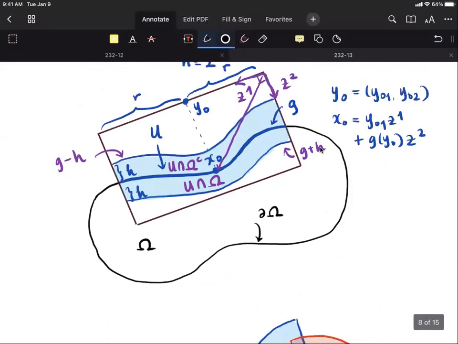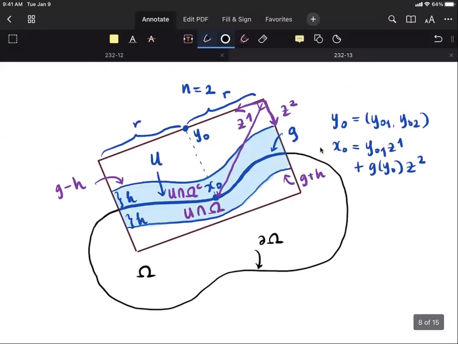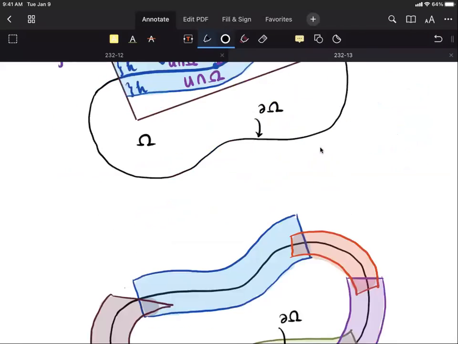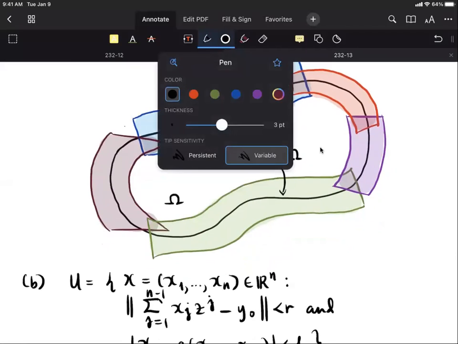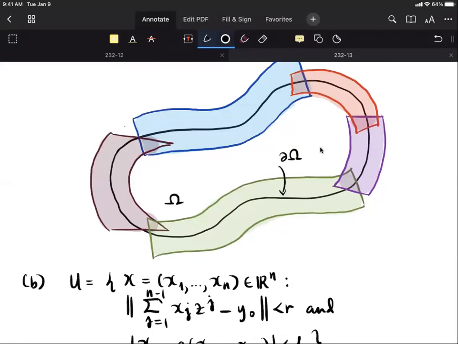Okay, so this is a parameterization with respect to some point x naught. So you continue this, and let's say instead of starting with x naught, let's start with x1.